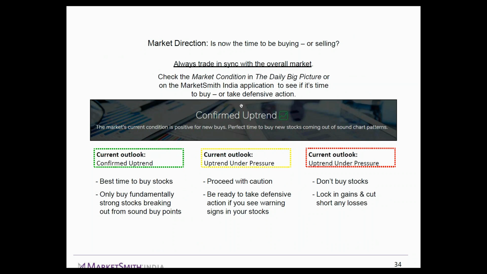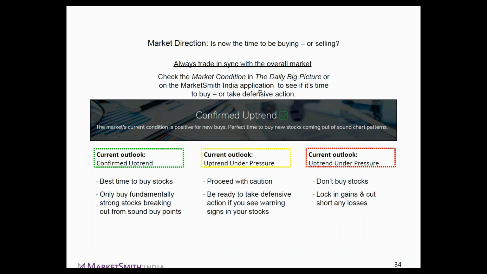Speaking of the market condition again, to reiterate, the overall market movement will affect our positions. Market movement is made of individual stocks, so as long as the stocks within the market are doing well, it will sum up to our overall market movement. Always take new positions when the market is in a confirmed uptrend.